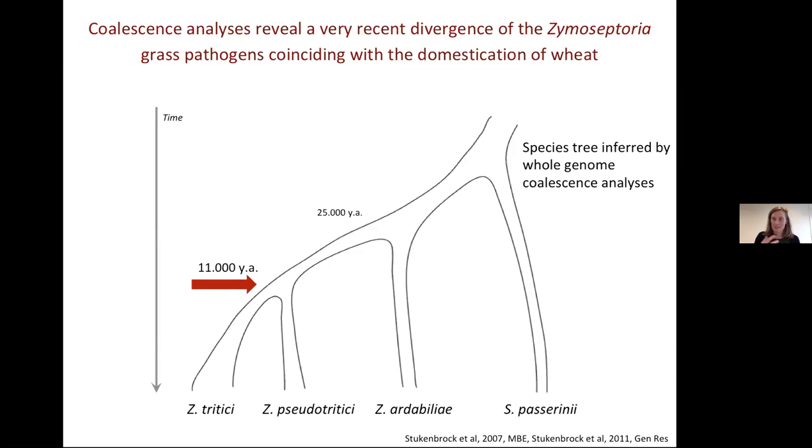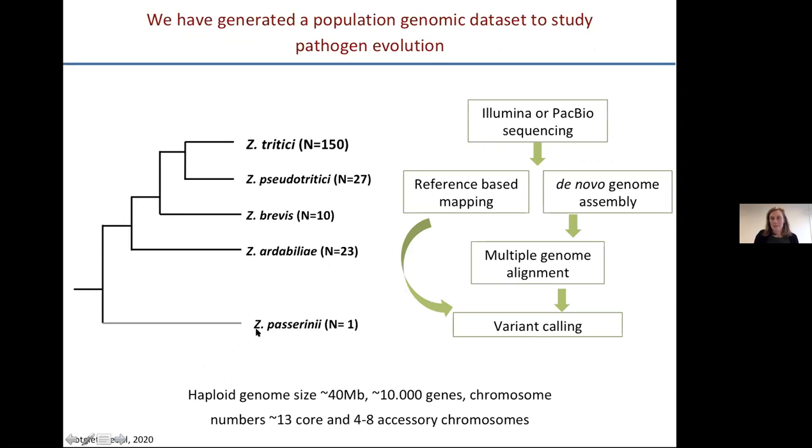So we think that there is strong evidence for this pathogen here actually having speciated along with the domestication of wheat, and subsequently it's taken a ride on the dispersal of the host on a geographical scale.